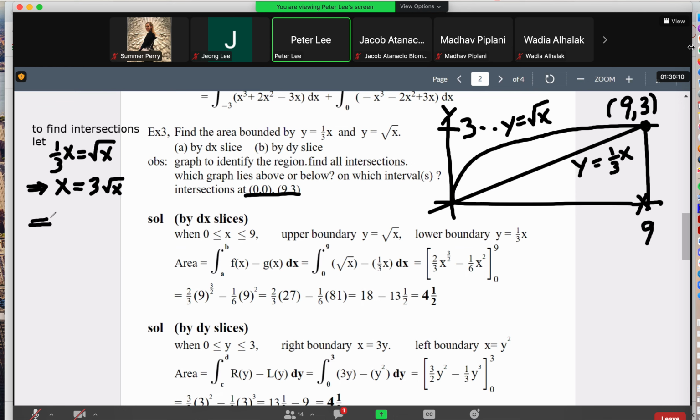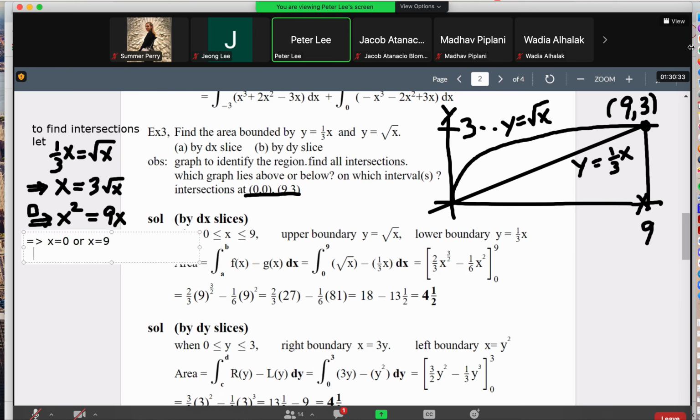Now, if you square both sides, x squared is equal to 9x. So from here, x equals 0 or x equals 9.